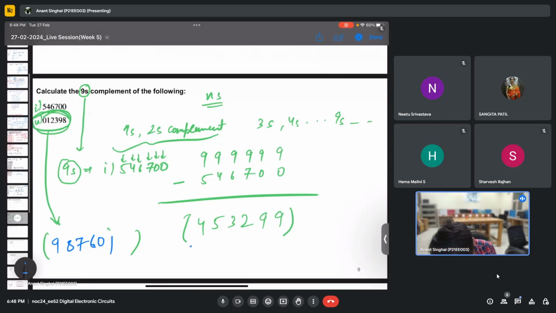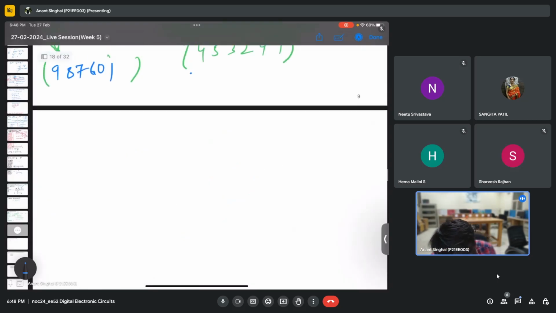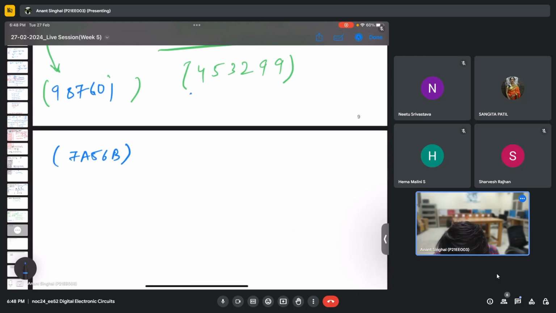So similarly, we can apply this concept to 16's complement maybe. If we have, let's say, 7A56B, and we need to find the 16's complement, quickly let me know the answer. This is also a similar question.